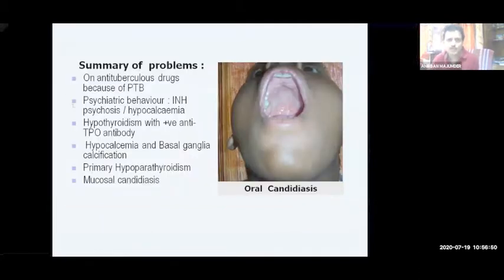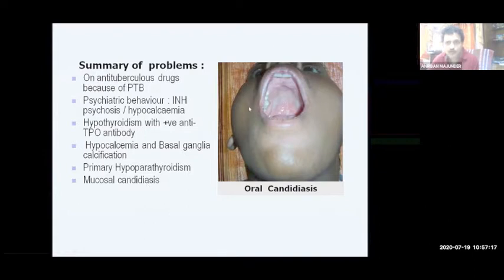Now, looking into the case, this patient was on anti-tuberculosis drug because of pulmonary tuberculosis, with psychiatric behavior because of psychosis, and hypocalcemia. Either of these two is a possibility. Hypothyroidism with positive anti-TPO antibody indicates an autoimmune disease. There is hypocalcemia and basal ganglia calcification, and primary hypoparathyroidism is responsible for the basal ganglia calcification.